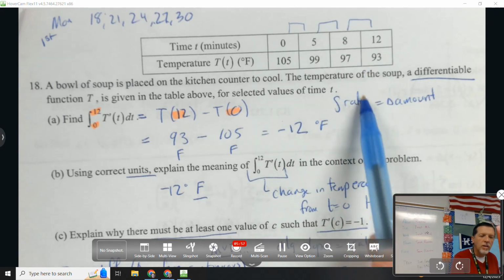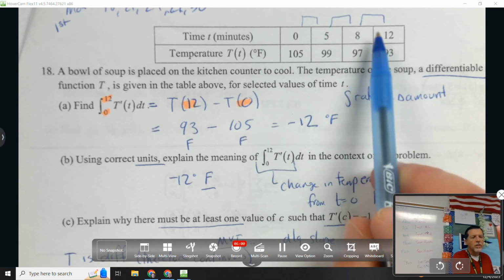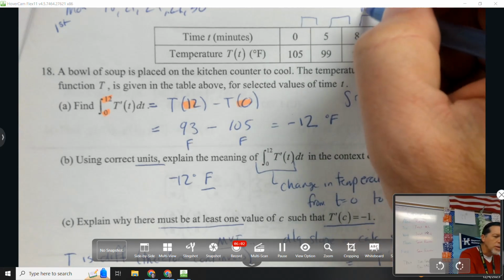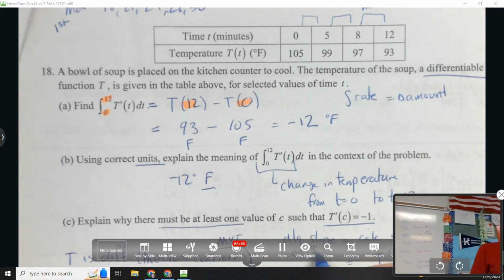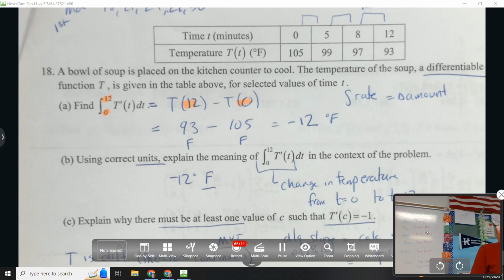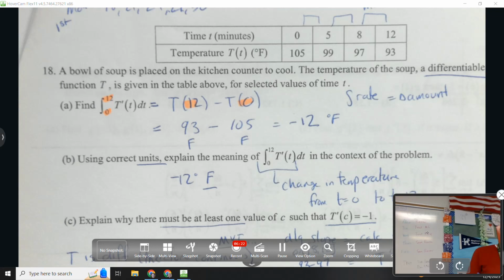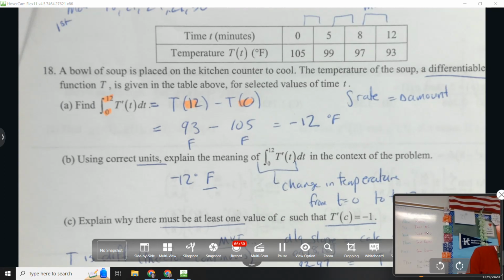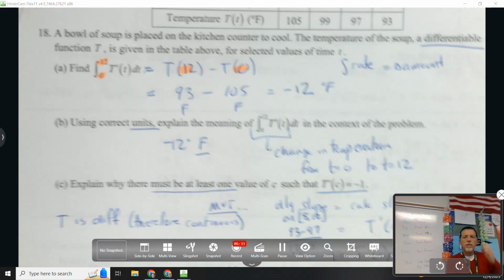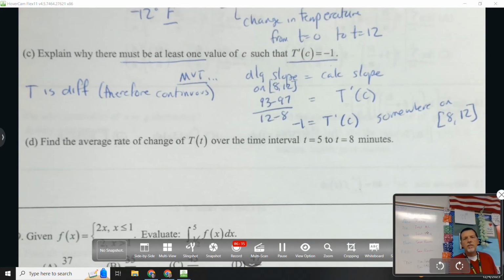So from 8 to 12, my temperature changes 4 degrees in 4 minutes. So that algebra slope is negative 1. So my algebra slope on 8 to 12 is 93 minus 97 over 12 minus 8. So negative 1 equals the derivative somewhere on 8 to 12. There you can see it. So that's an old MVT problem there.